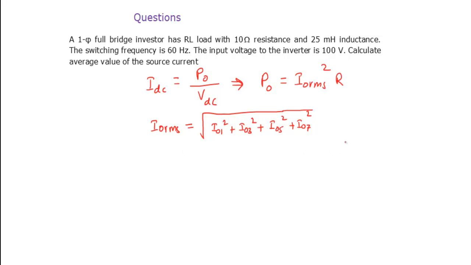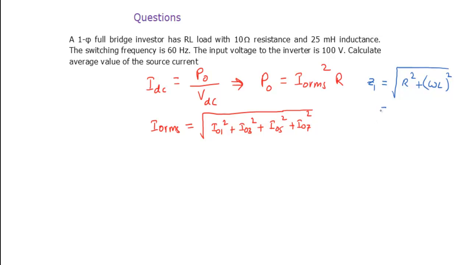First we will calculate the impedances, then it is easy to calculate other things. How to calculate Z? As I already told you, Z1 is the root of R square plus omega L whole square.